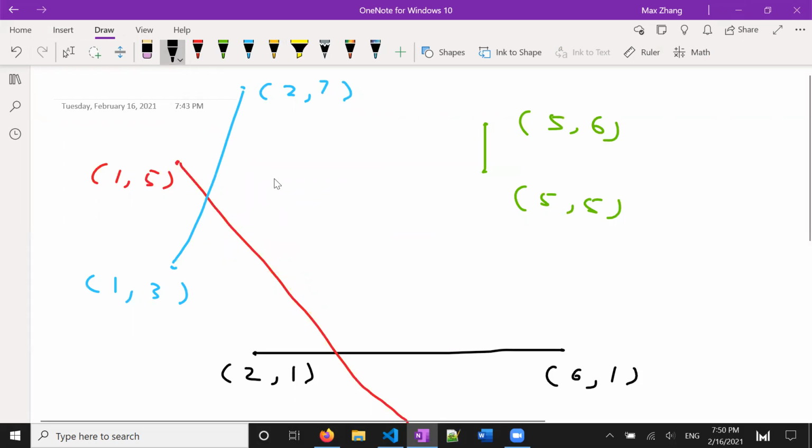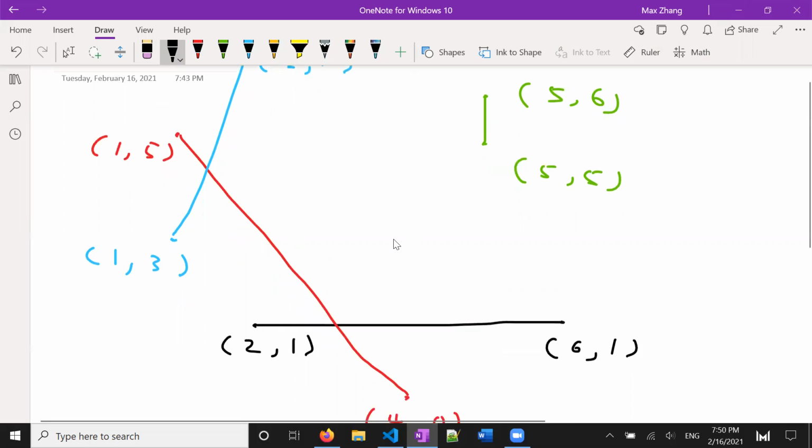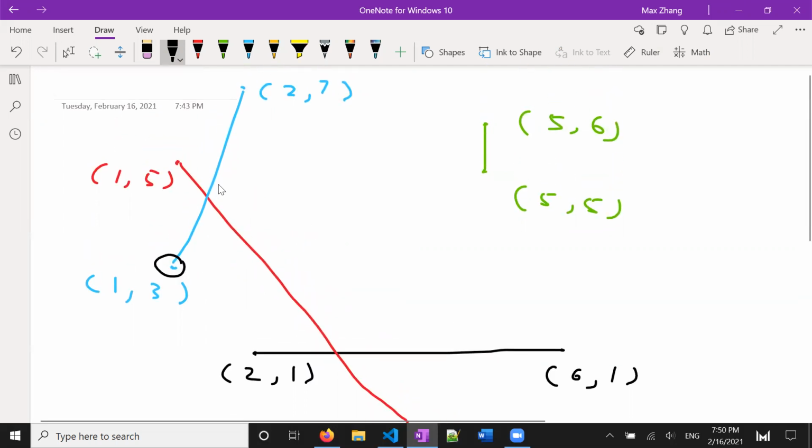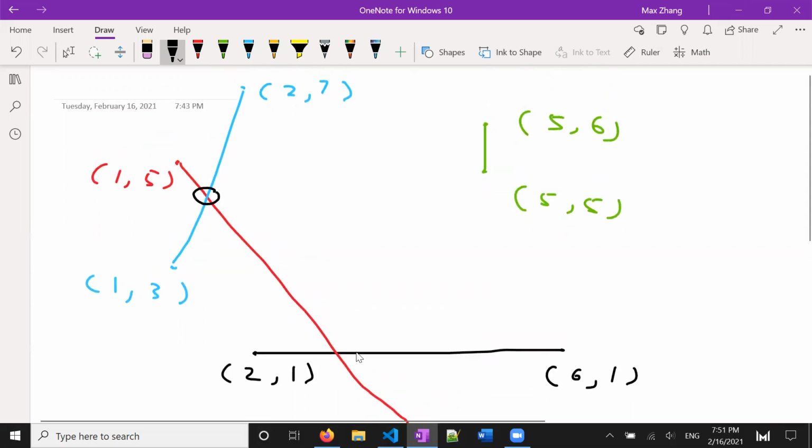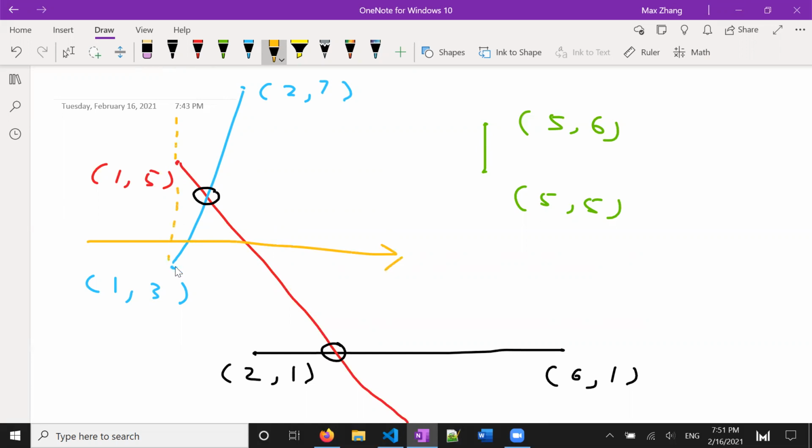And the theme that we're going for here is going to be line sweep. For line sweep, usually we want to think about these endpoints here. I'm not going to circle the endpoints because they're already marked, but I am going to also circle the intersections. And so now let's say we sweep from left to right in this direction. We have a bunch of vertical lines here, one here, right?